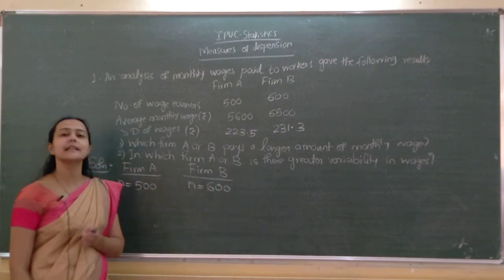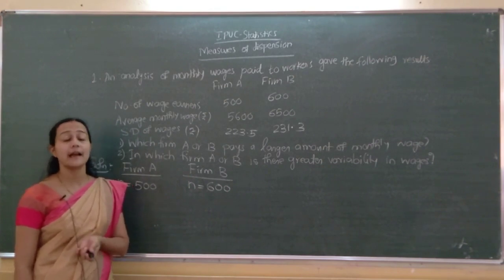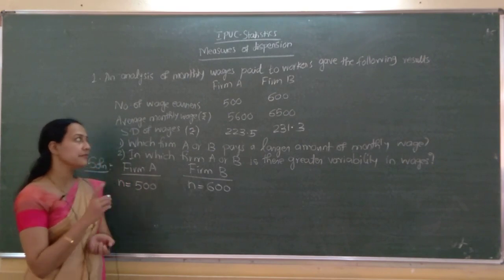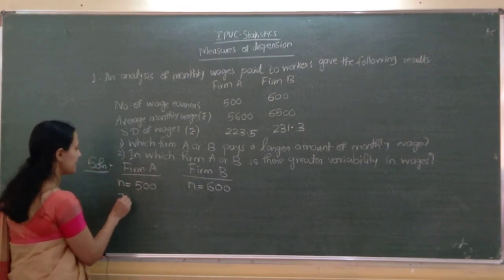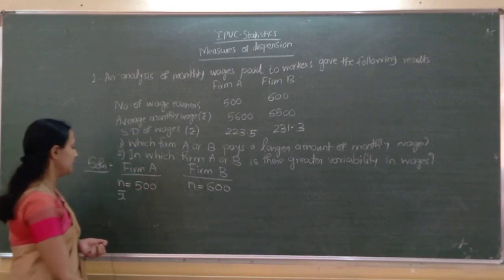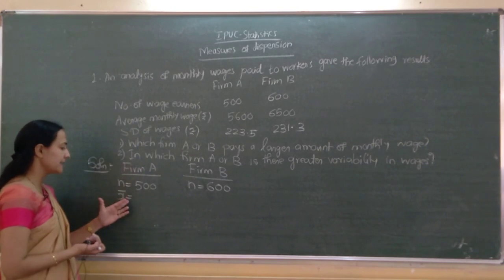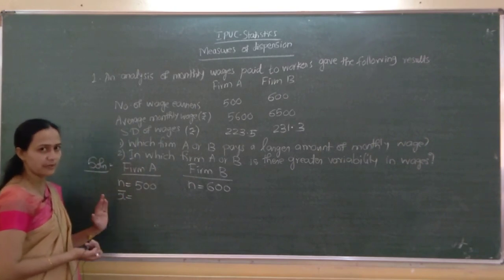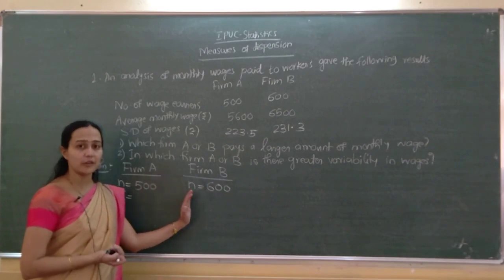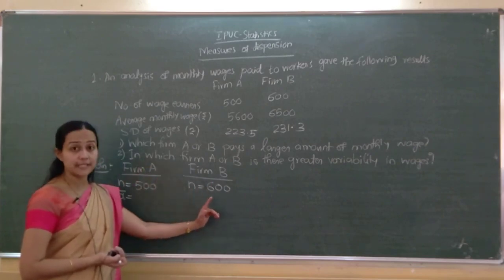Then average monthly wage. Average monthly wage means X bar. X bar of the first firm. You can take n1, x1 bar like that, no problem, but they are separate. I am taking the same notation, but just remember they are different.